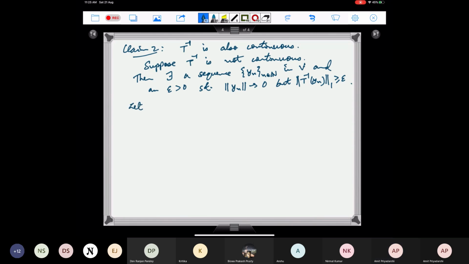Now let zn equal to yn by the L1 norm of T inverse yn. We know that the norm of T inverse yn is strictly positive, so I divide by this. Then zn will converge to 0. Why is this?